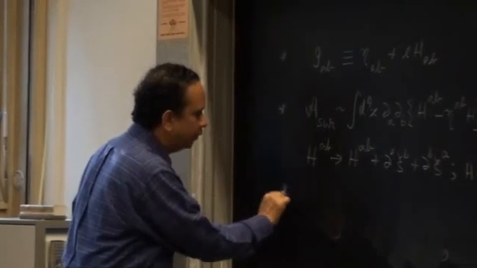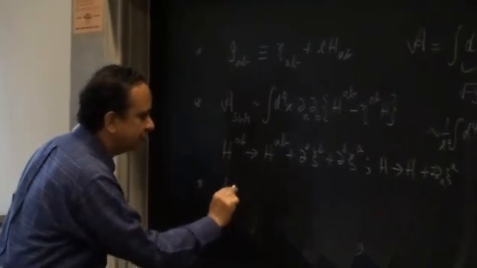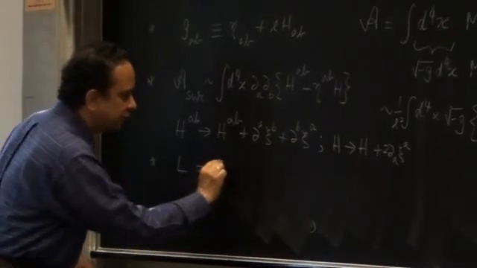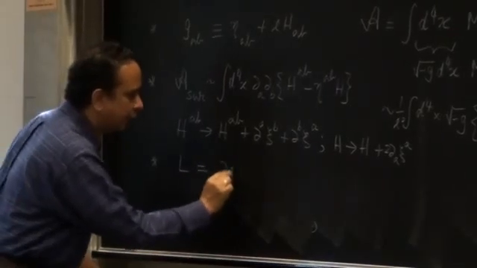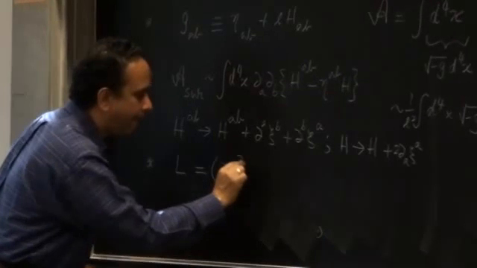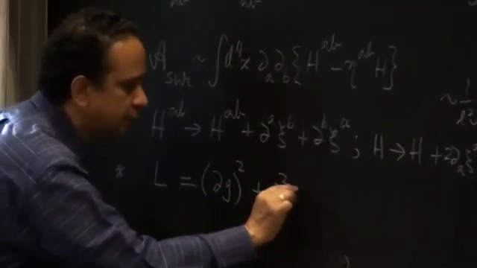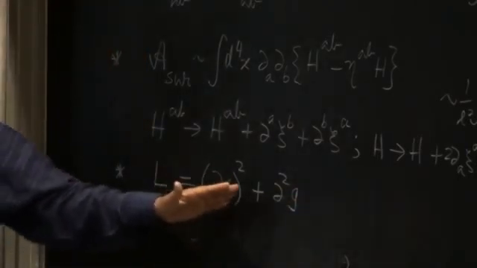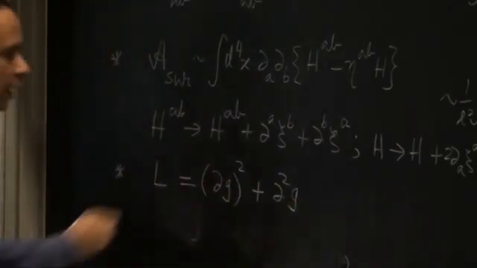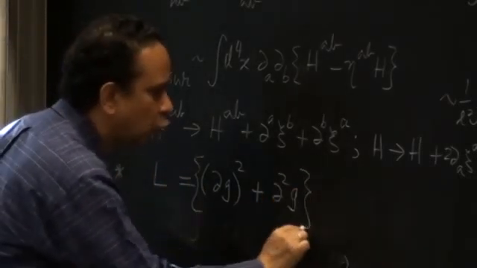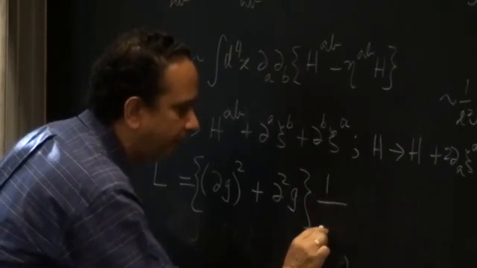See, if you look at the Lagrangian for Einstein theory, just formally, it has a structure which goes as (dg)² plus d²g, right? Because there is one term which is quadratic and one second derivative term, and the whole thing is multiplied by 1 upon some length square.